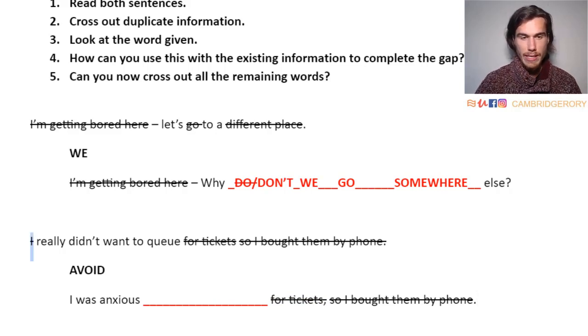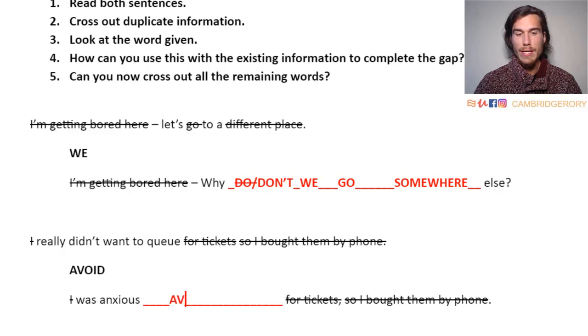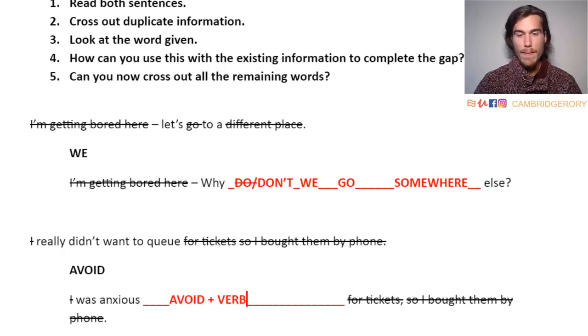We have the subject I here, and we have the subject I here. And we need to use the word avoid. So we need to say didn't want to queue using the word avoid. Now, with the word avoid, the next word we need to use is a verb ing.